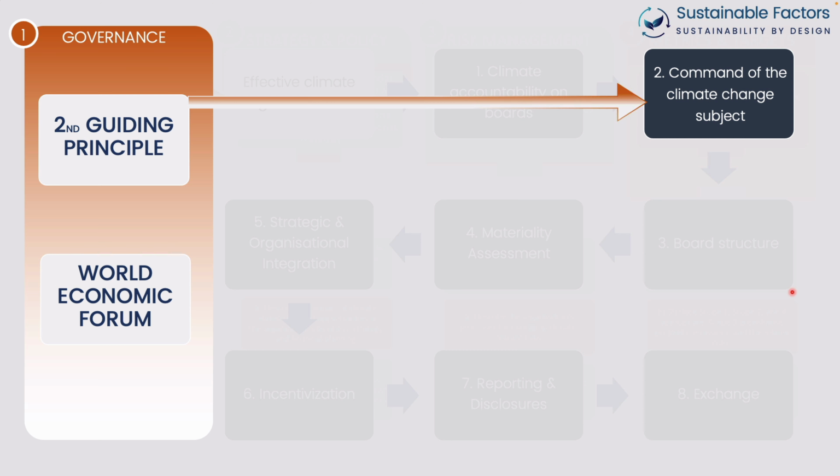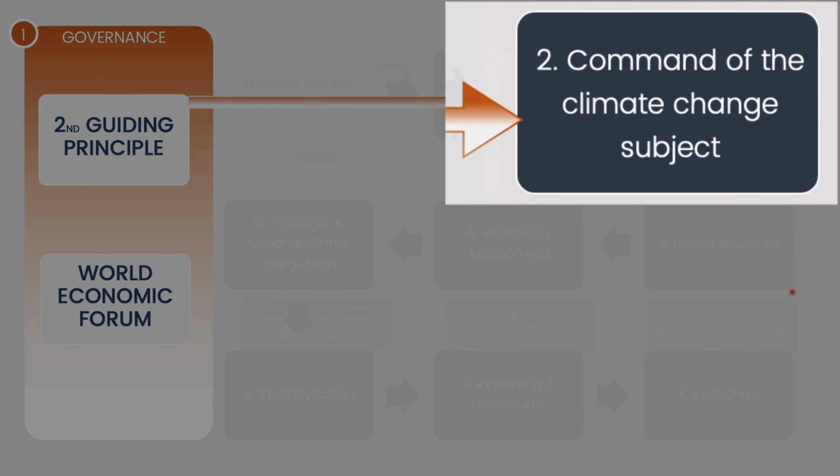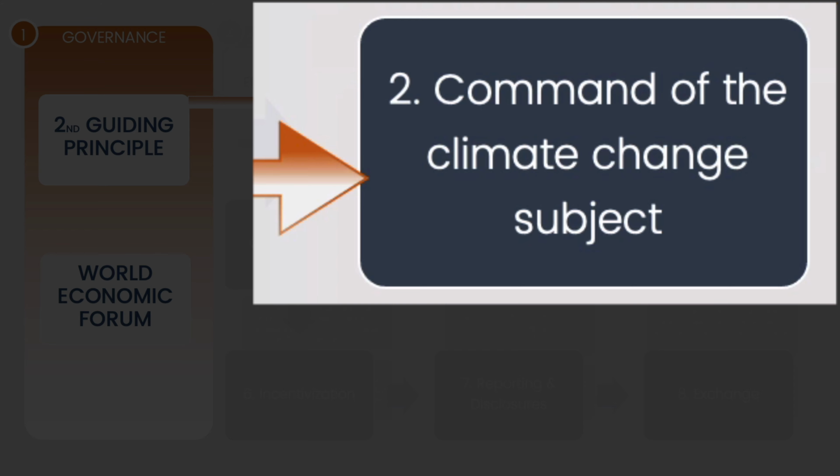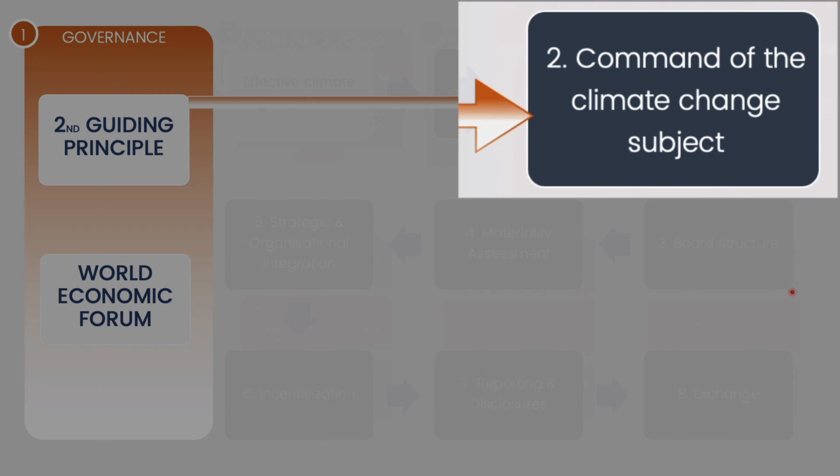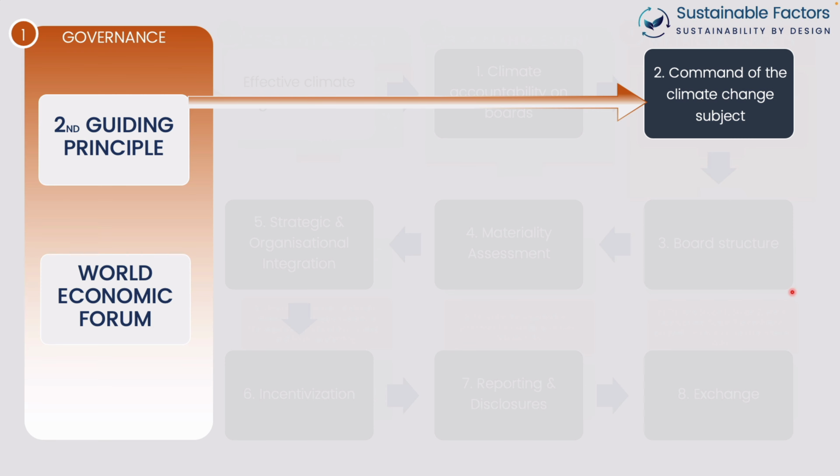So as I said, I'm not going to go through all 8 principles here, but we can finish off here on principle number 2. And this principle explores your board's command on the climate change subject. And again, that's the required outcome there. In other words, the FSB would say, we, the FSB, want you, the board, to achieve an effective grasp on the climate change subject.